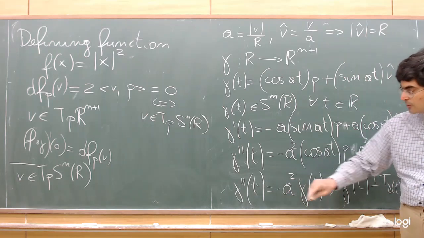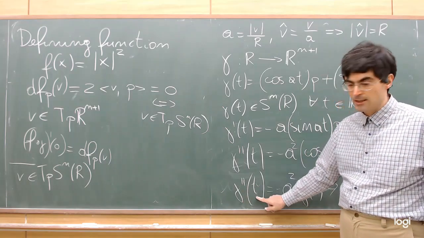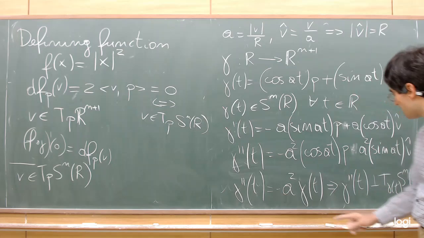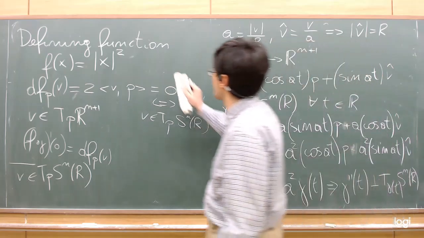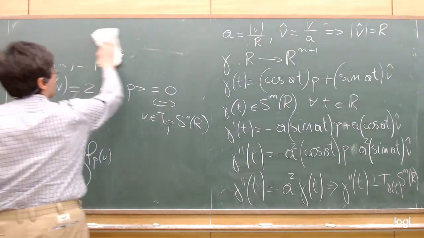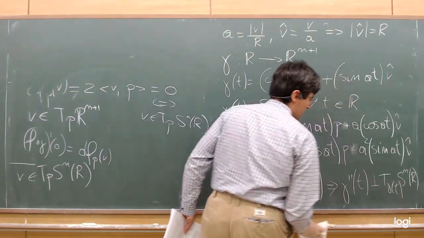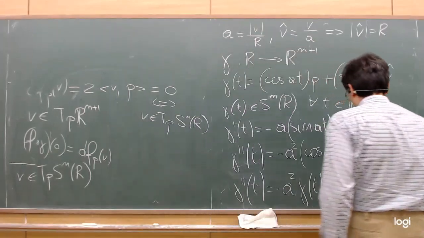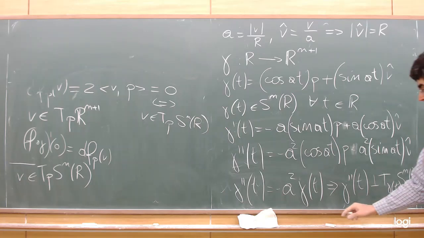For each t, the endpoint of the vector gamma t belongs to the sphere, and this means that this vector is orthogonal to the vectors tangent to the sphere. So they are orthogonal.